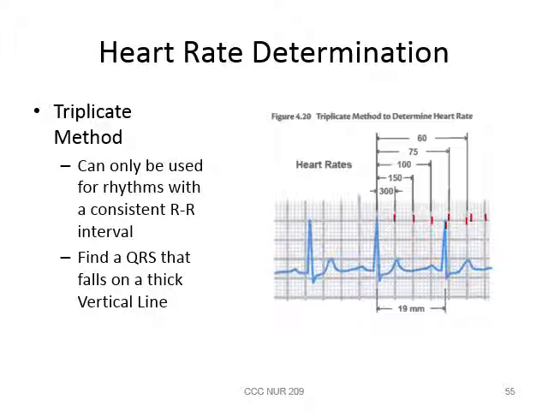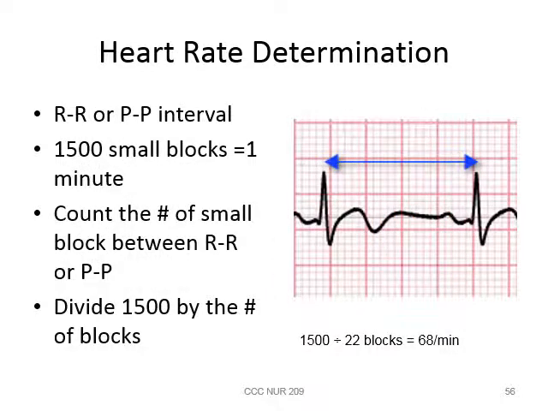Again, this is for more advanced folks, but I did want you to see it and take a look at it. We talked about another way, just like we did the R to R. Here's the R to R. We would count the number of small blocks between the R to R interval. Here's the small blocks. 1, 2, 3, 4, 5.